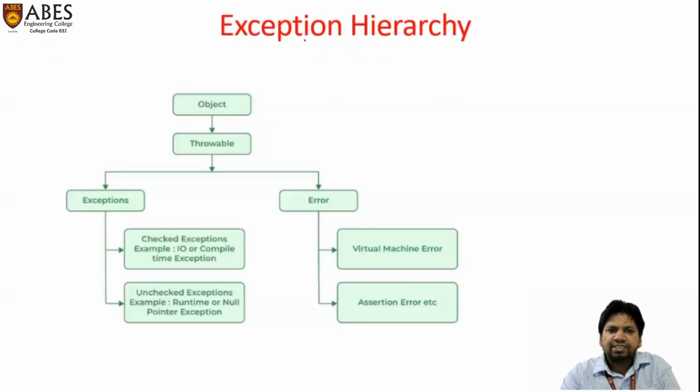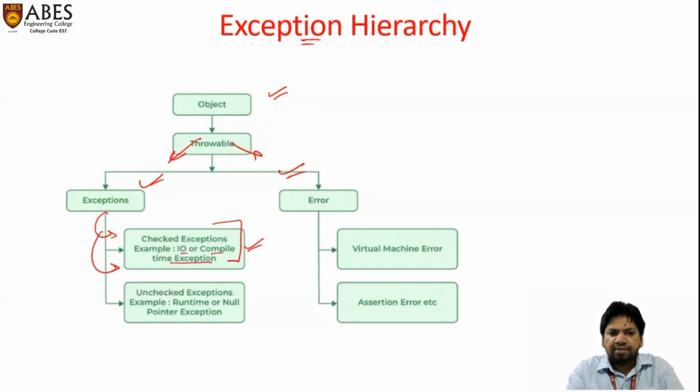You can see the exception hierarchy. This is an object. An object is divided into two parts. One is exception, second is error. We have already discussed that exceptions are of two types, checked exception and unchecked exception. The checked exceptions are input/output and compile-time exceptions. In unchecked exceptions, there are runtime and null pointer exceptions. Same for errors, you can see there are two types of error.